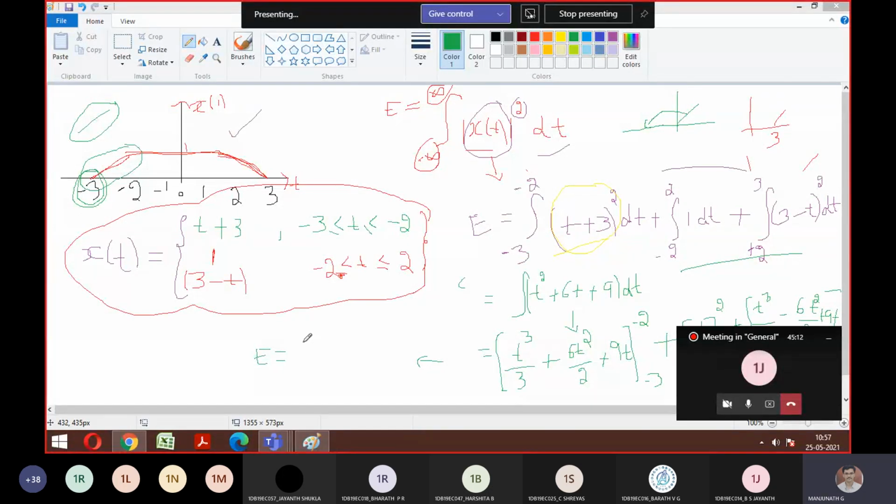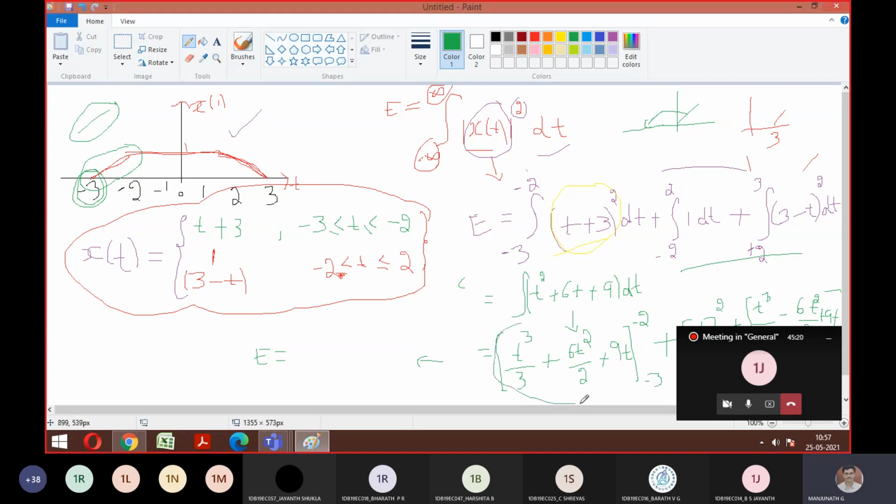First one, after applying upper limit, lower limit. First limit answer, tell me. After applying upper limit minus lower limit for the first term, what is the answer you got, Jayant? Sir, for the first one, we get it as 30. No, sir, I just split it, sir. Okay, no problem. So final answer you told 14/3, right? Yes, sir.